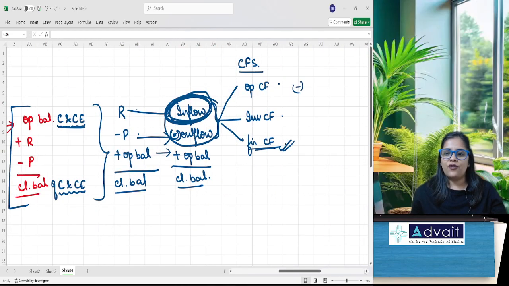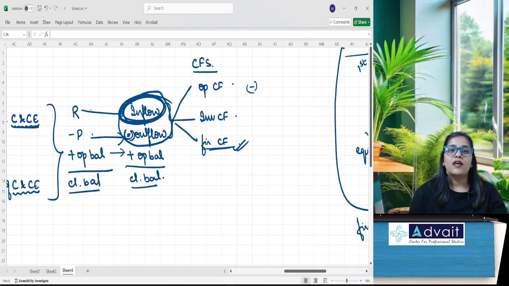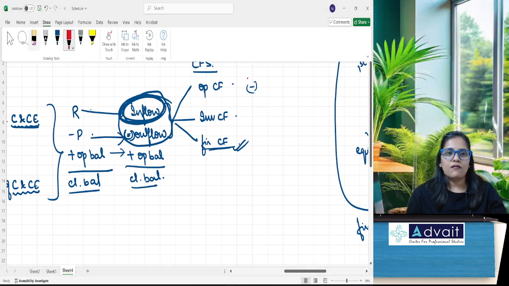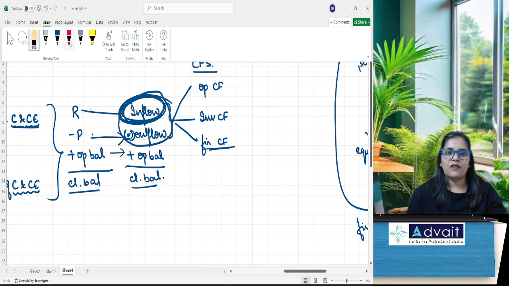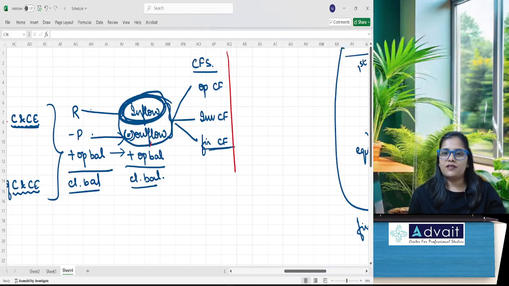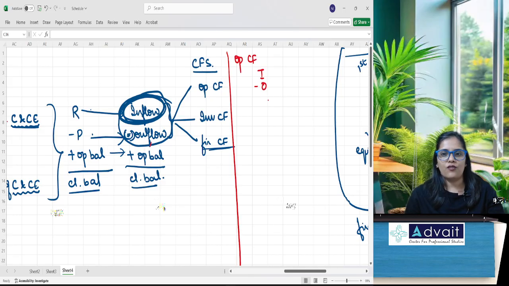So in our cash flow statement, this is how we present. We start with operating cash flow. We do inflow minus outflow. Then we do investing cash flow, inflow minus outflow.